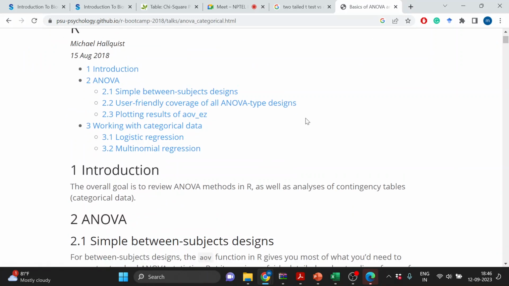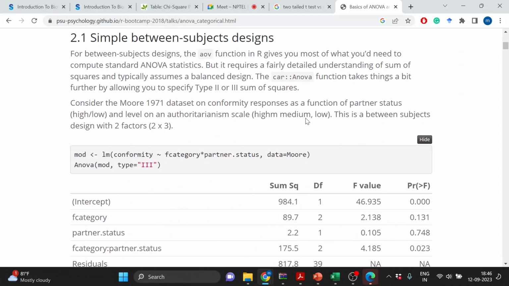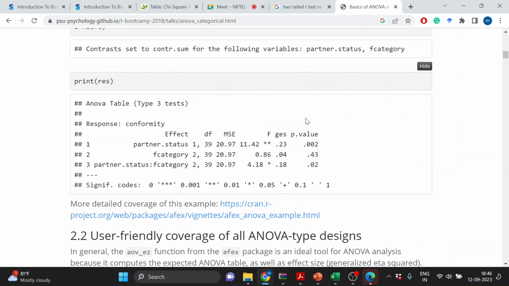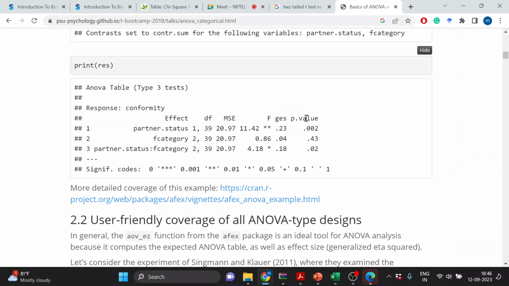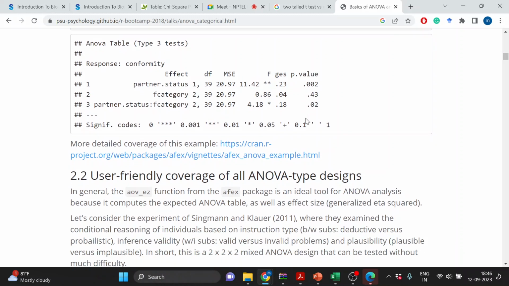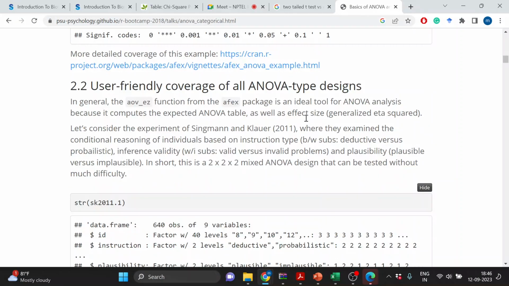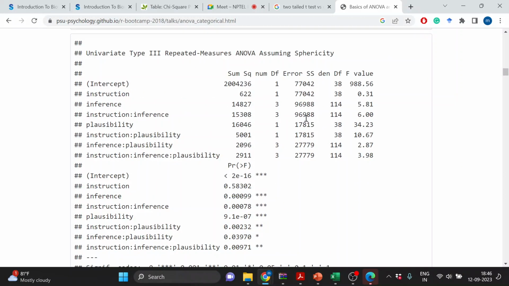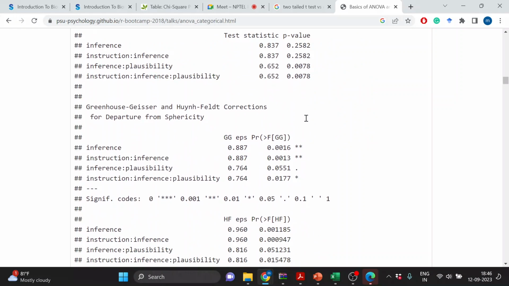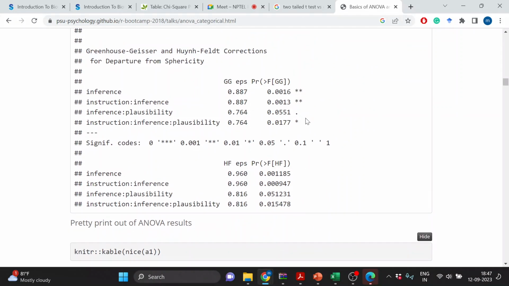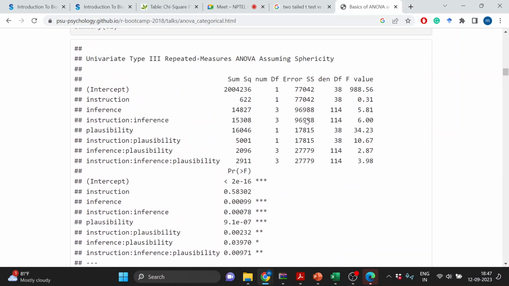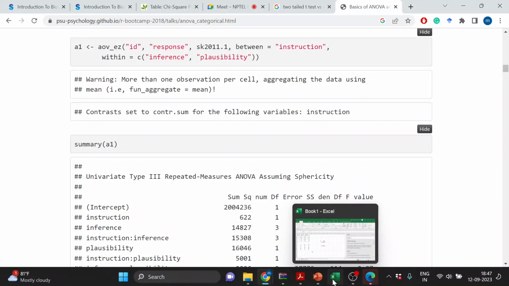Let's try and see. How do I do it for? Okay, I'm not very sure of.